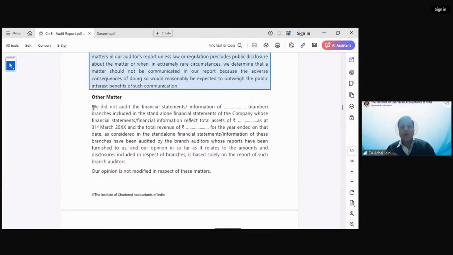In the auditing standards, some draft audit reports are covered. You can say some standard formats have been given so that the auditors can use that language. But we have looked at the actual audit reports. So this is only the format for your understanding, but you can get better understanding when you look at the actual report.